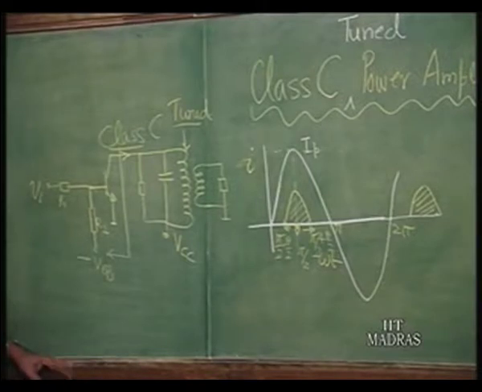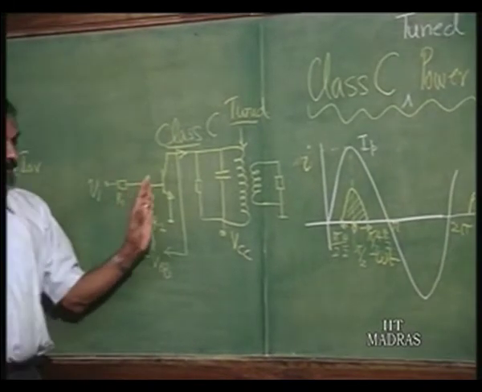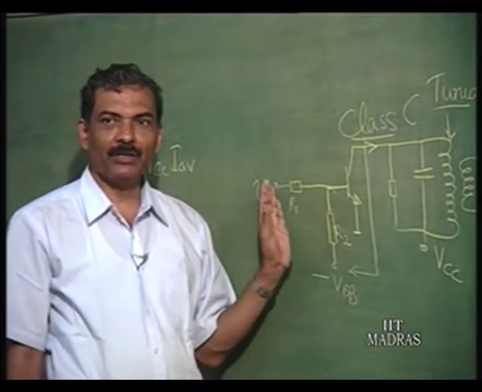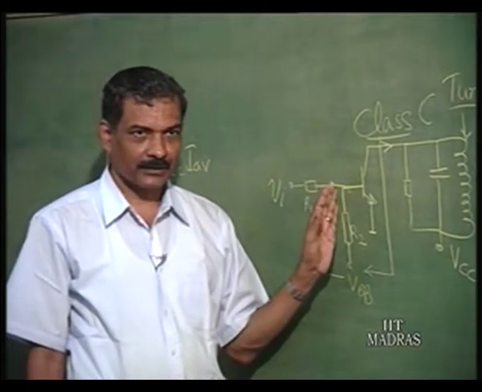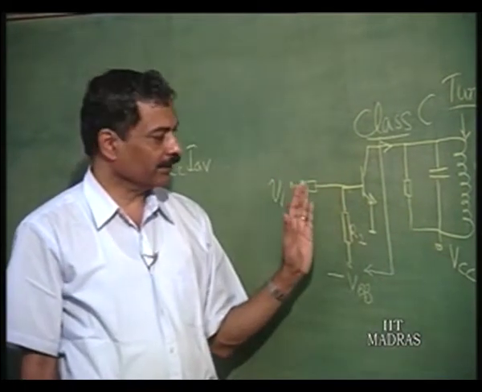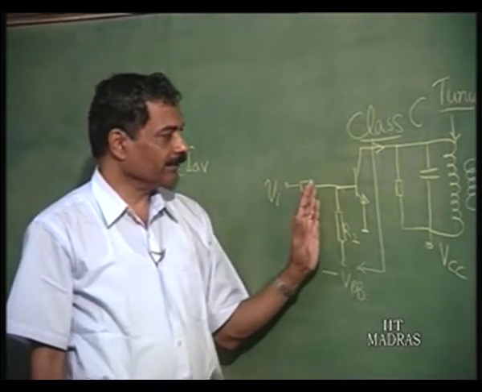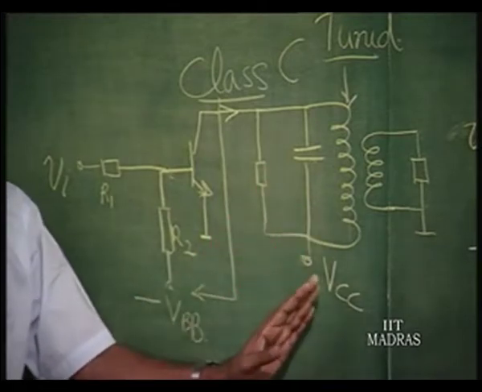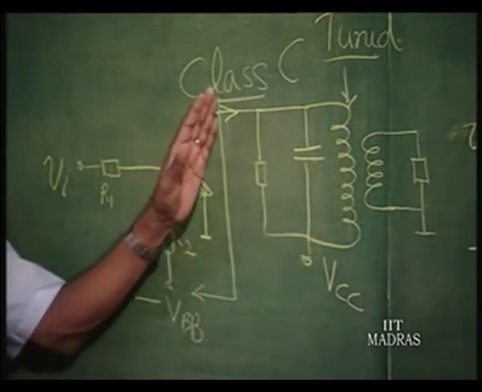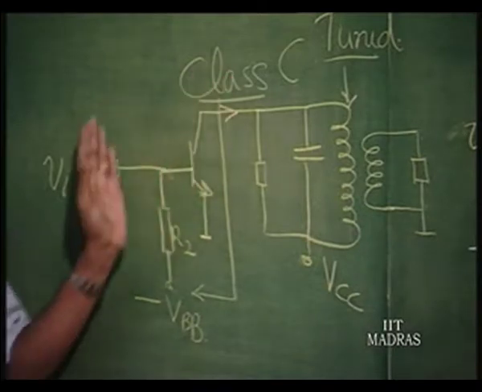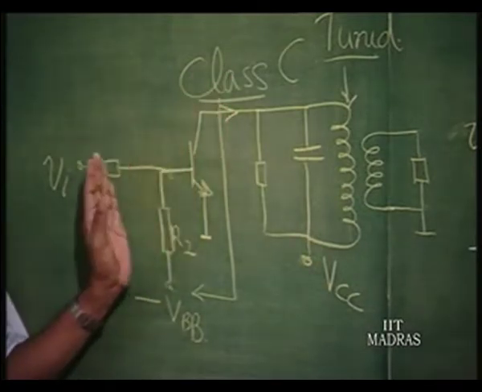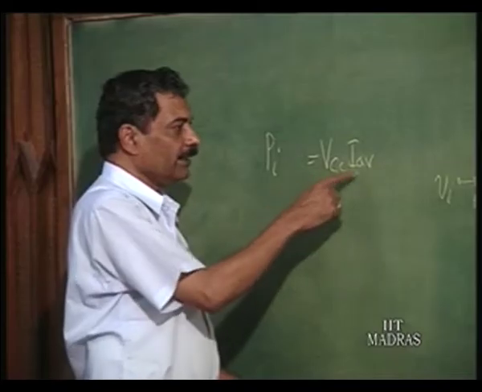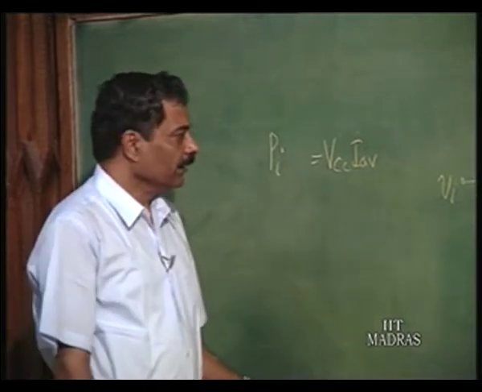We are of course neglecting the effect of the input to the transistor itself, because when the transistor conducts, there is certain amount of power inputted to the transistor, that is not taken into consideration here, because we are assuming that most of the power input comes from this supply. That is justified because the current of operation is much higher, beta times higher than the current of operation here. So, this is negligible. So, VCC into I average is going to be the input power.